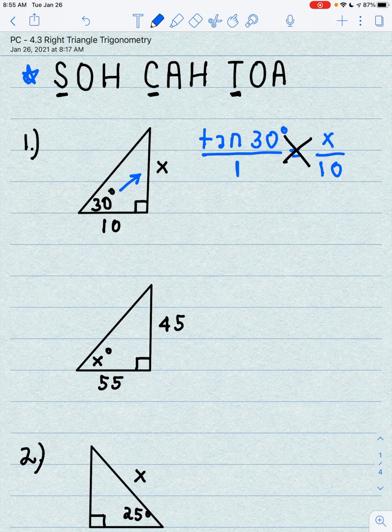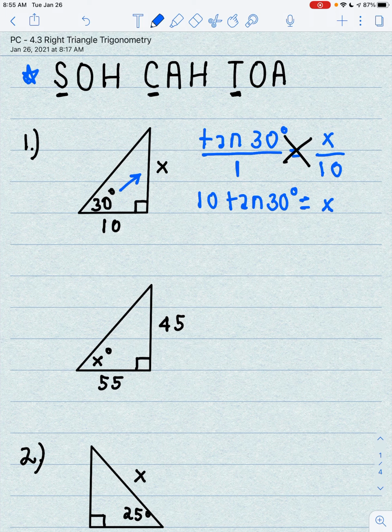So if I do cross products, that means I'm going to have 10 times the tangent of 30 degrees equals X. And then to solve, I just need to use my calculator, and I do need to make sure it's in degree mode because my angles are in degrees.